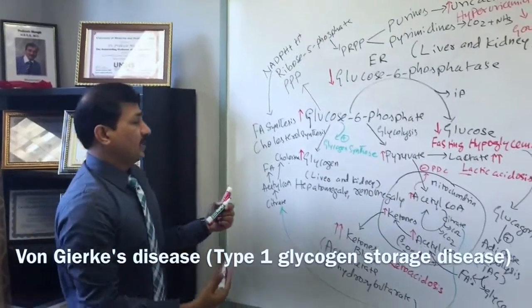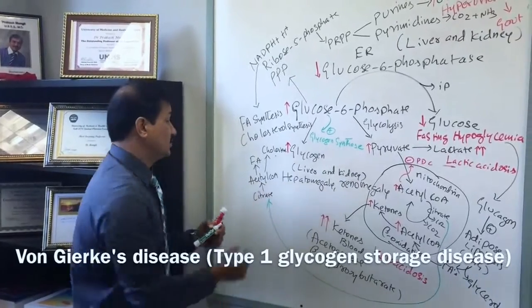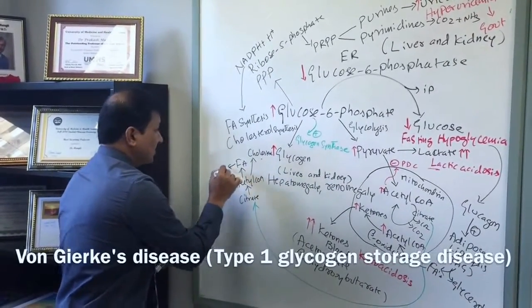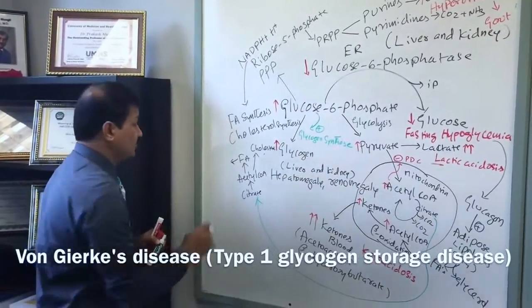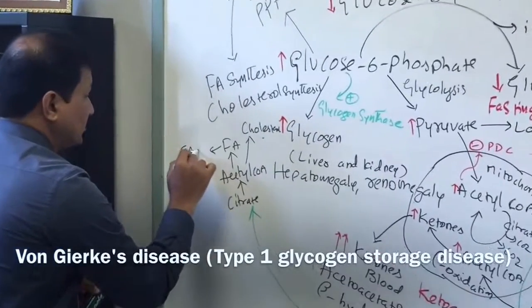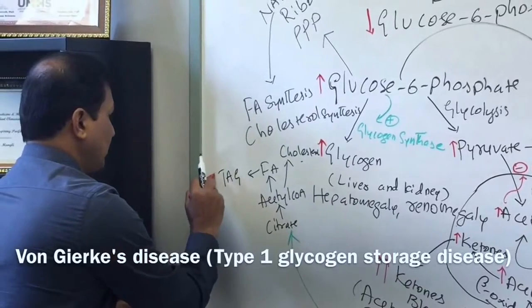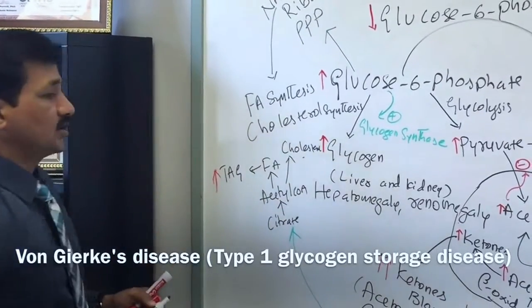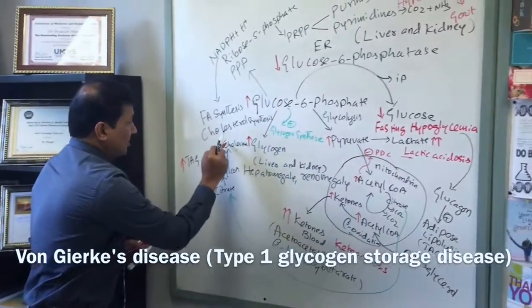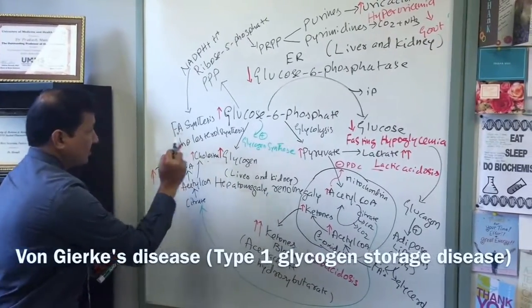So when more and more fatty acids and cholesterol are synthesized, these fatty acids can bind to glycerol 3-phosphate to form triacylglycerol. So there will be an increase in triacylglycerol, and acetyl-CoA going into cholesterol, so there will be an increase in cholesterol.